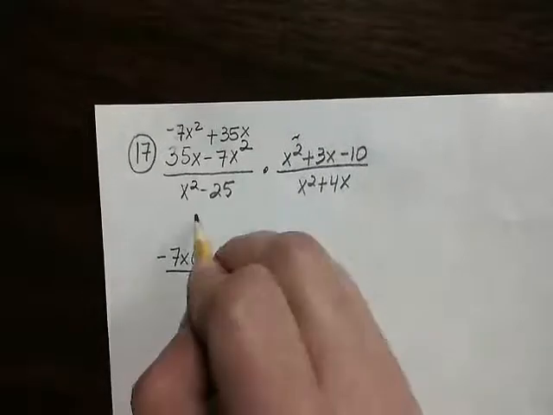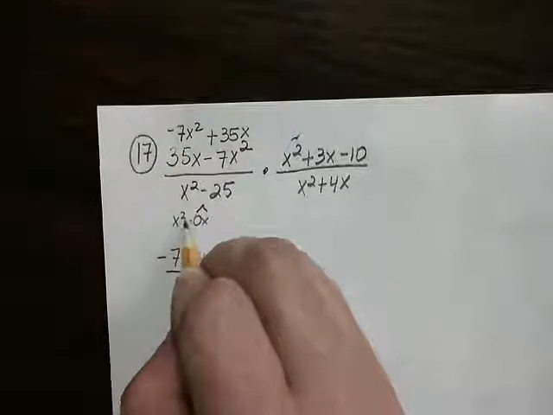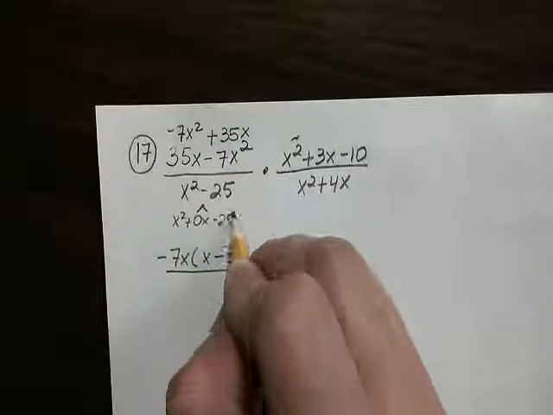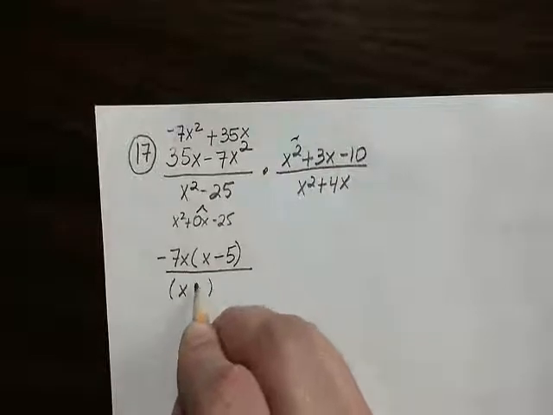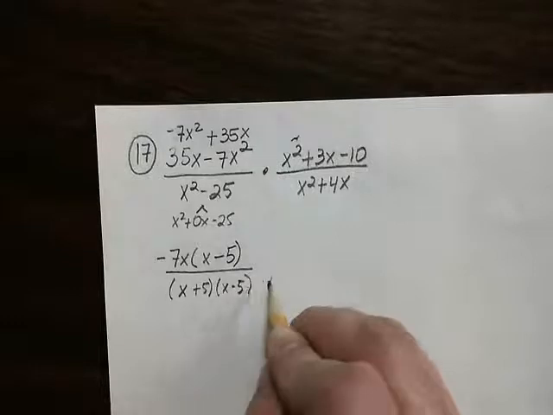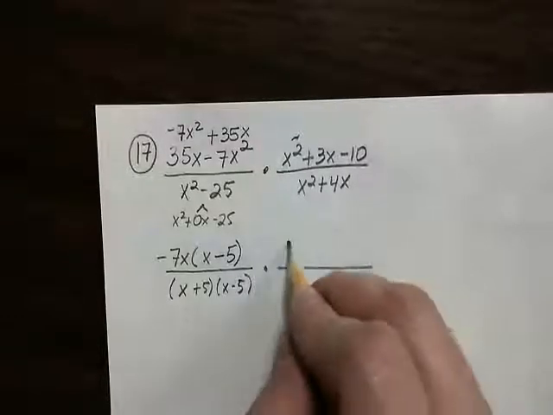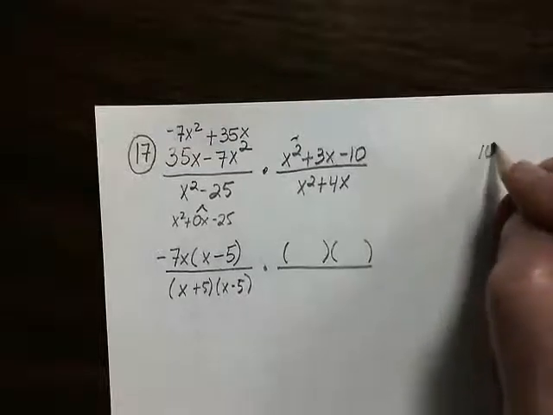Alright. On the bottom here, I'm going to add a 0x right there. So this becomes x squared plus 0x minus 25. And that means I can factor this as x plus 5 times x minus 5. Here I have a 10. So what numbers give me 10?